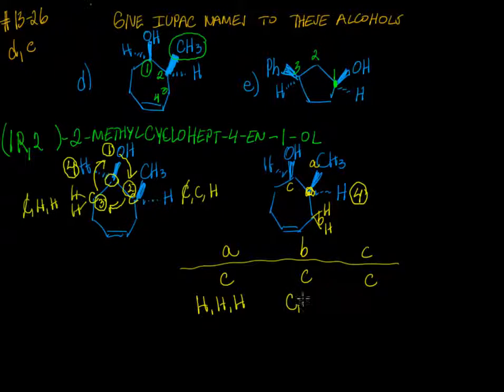So list them out from heaviest to lightest: C, then those 2 H's. And then branch C, you have a carbon, an oxygen, and a hydrogen. So write those out from heaviest to lightest: oxygen, carbon, and hydrogen. Okay, so now you can see oxygen wins. So that's priority 1.